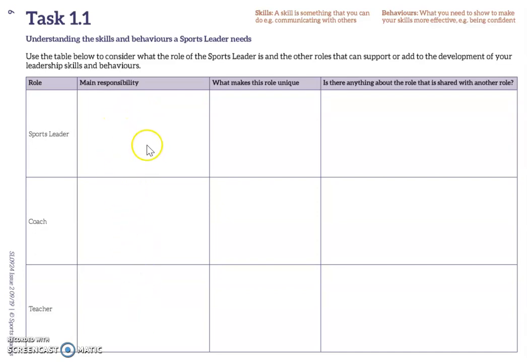So as a sports leader, think about what you will be doing and applying yourself in your particular lessons, and what responsibilities you have within that lesson. Then think about what the coach does. A sports coach is perhaps more inclined to refine and develop key skills.